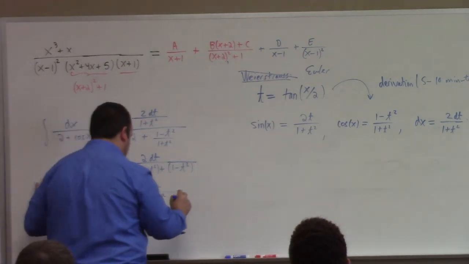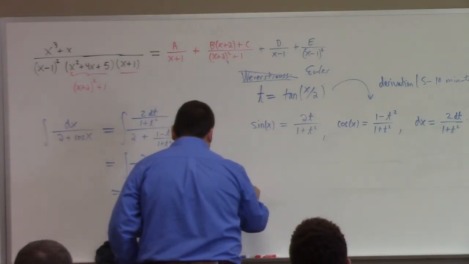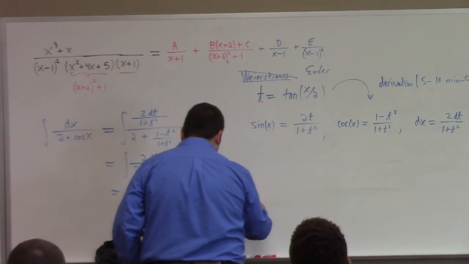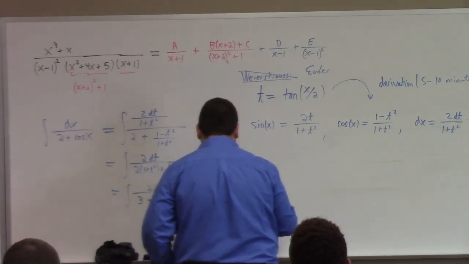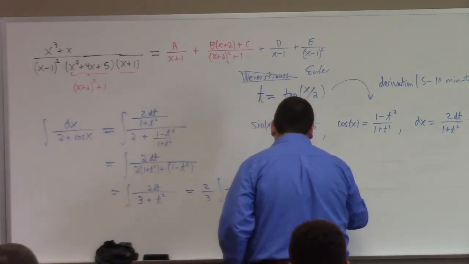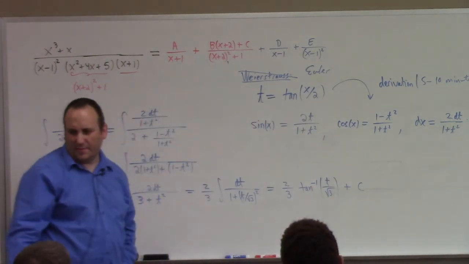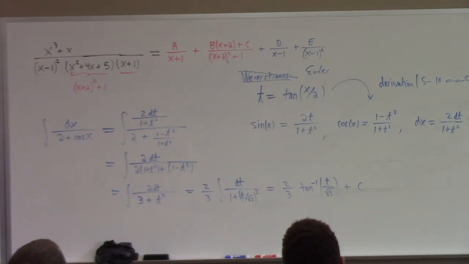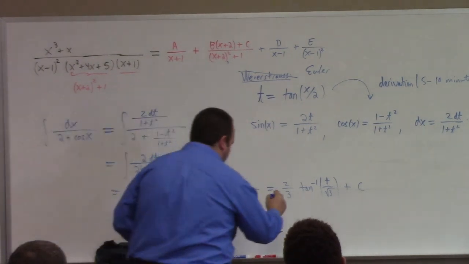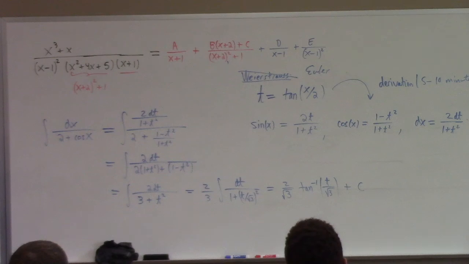But this, of course, is 2 over 3 integral of dt over 1 plus t over root 3 squared, right? Which is an arctangent. I'm a little bit out of time here, so I'm just going to write it down. I might be missing a normalization. It works out to 2 over root 3 times the arctangent. And then of course t is what? It's tangent of x over 2.